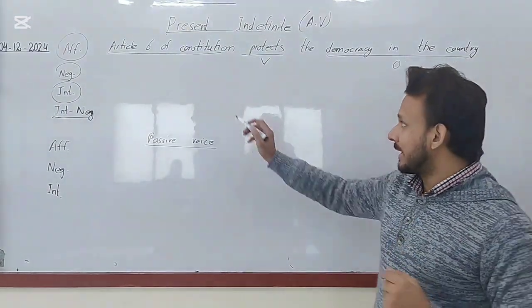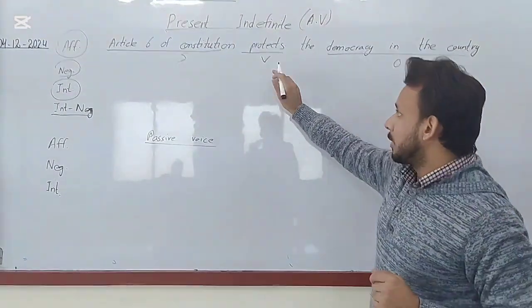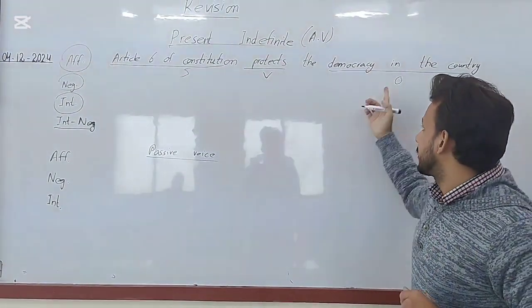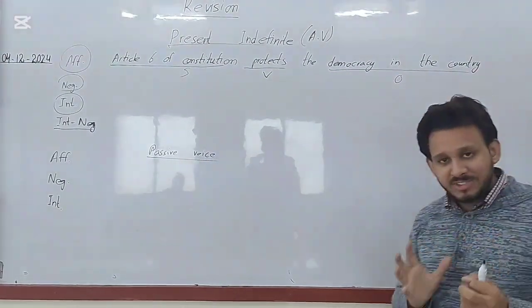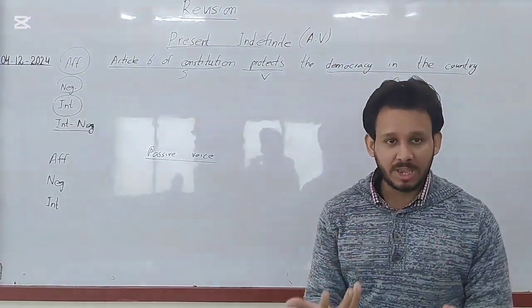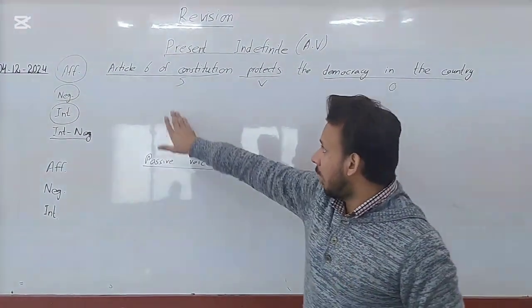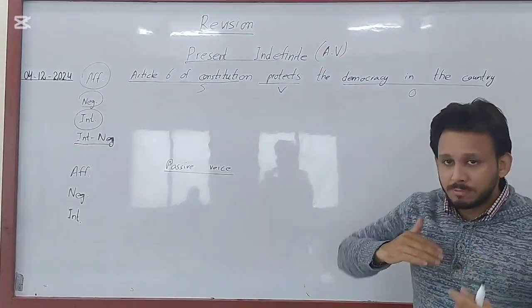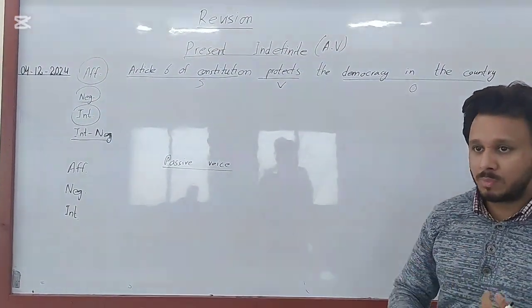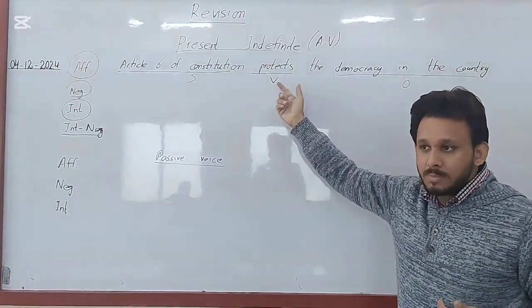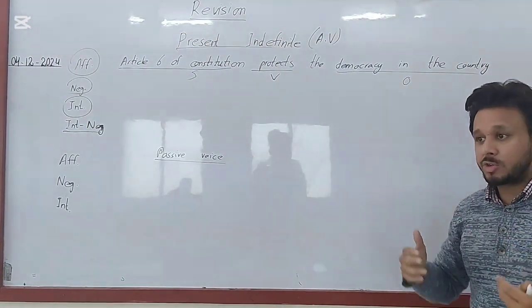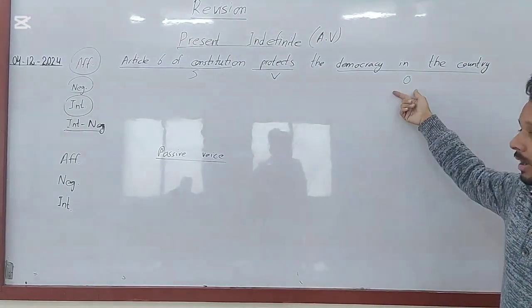The first is the subject, the second is the verb, and the third is the object. The person or thing that performs any action is called the subject. The work being done in the sentence is called the verb. And the person or thing on which the action is being done is called the object.